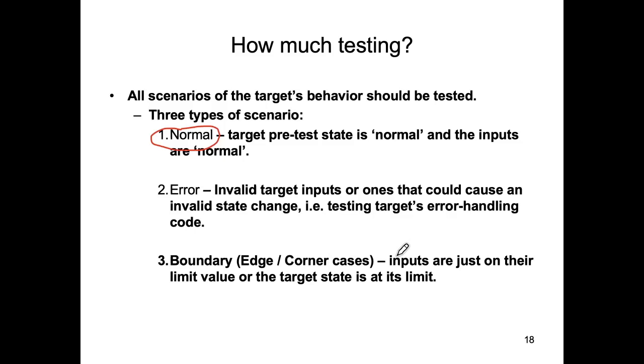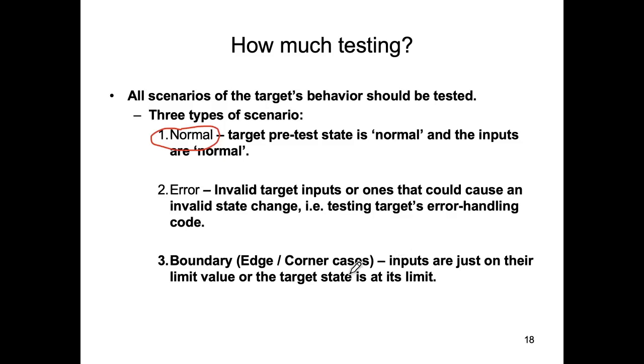But you've got to look at the parameters of the target method. And if the specification, and it always comes back to the specification for that target method, mentions anything about upper or lower limits associated with a particular parameter, then you should have a test case which tries to pass a value for that parameter that's just on that limit.